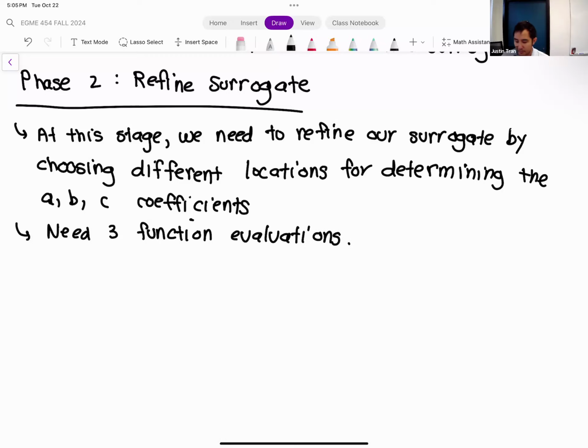That isn't changed, so we still need three evaluations to determine A, B, and C. The question is, what are the three best places to evaluate our function?